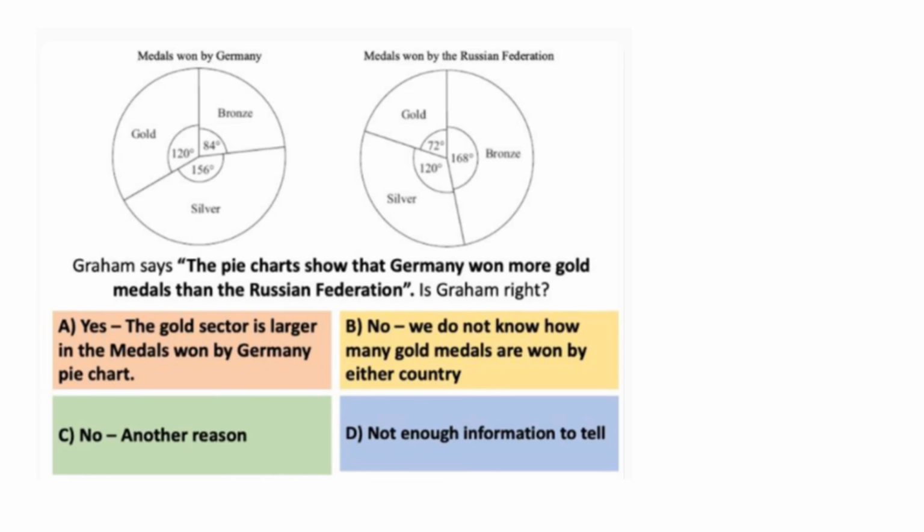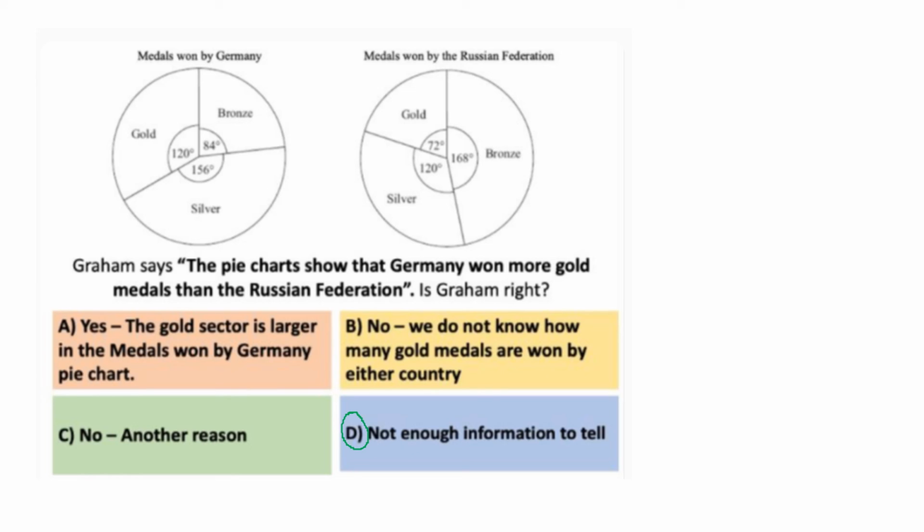So it's D, we haven't got enough information to tell. Okay, that is linked to B. We don't know how many gold medals were won by either country. So we don't know how many gold medals Germany won and how many gold medals the Russian Federation won.